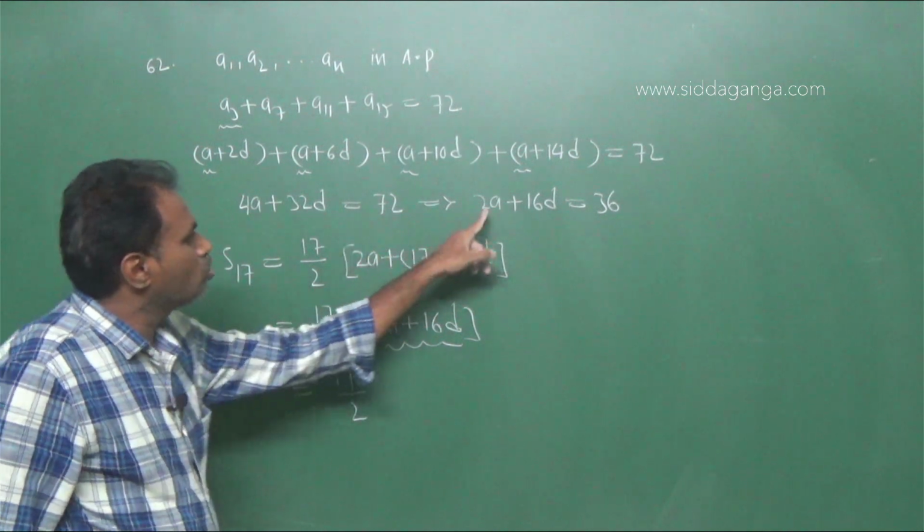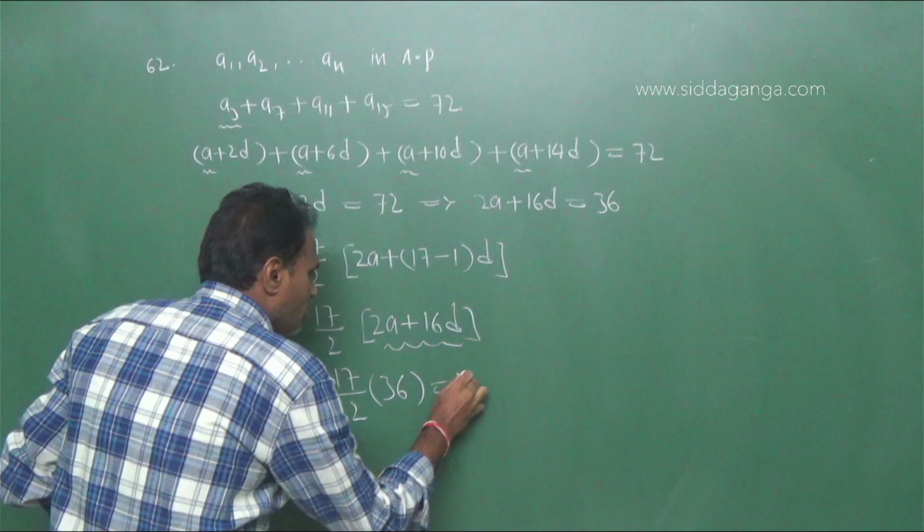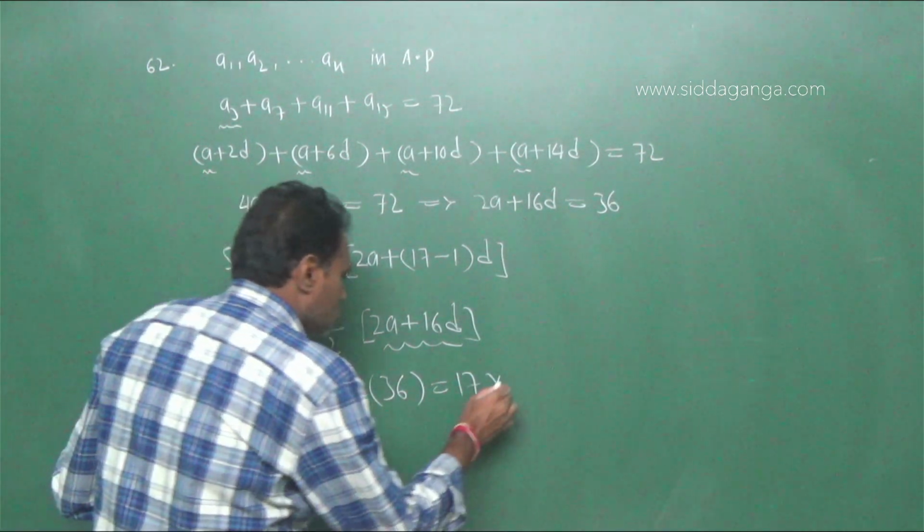We already know 2a plus 16d is 36, so 17 into 36 by 2, that is 17 into 18.